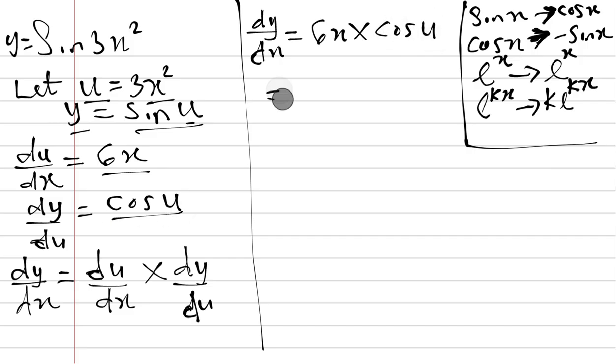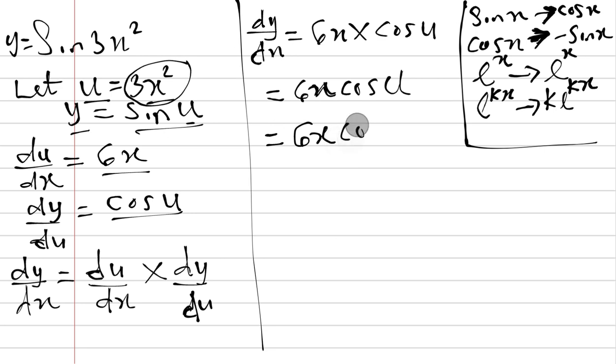That means our answer is 6x cos u. And what is your u? Your u is 3x squared. So that means your answer is 6x cos 3x squared. Are you seeing that now? So this is how you get your answer.